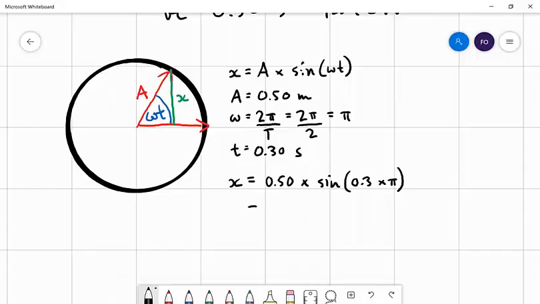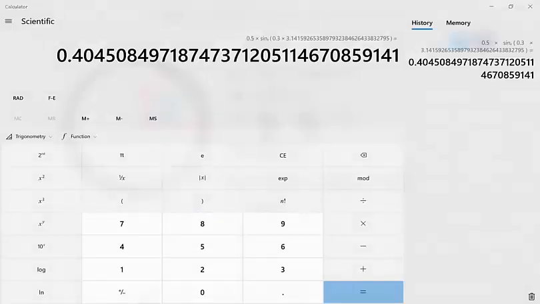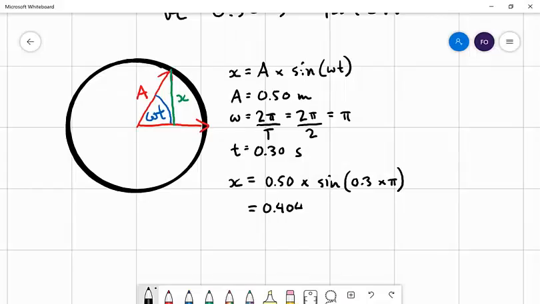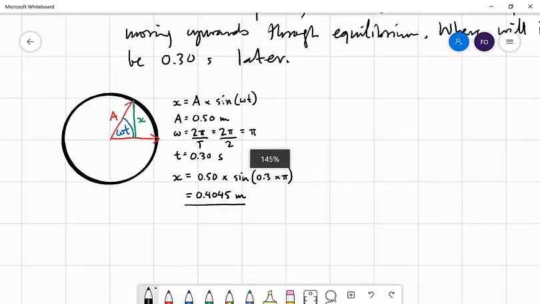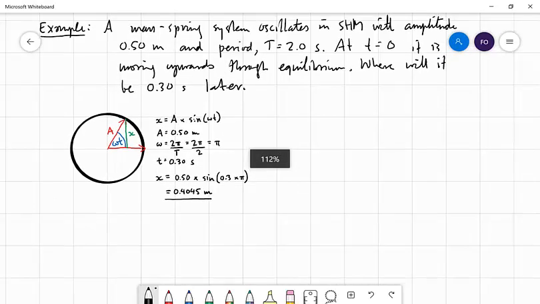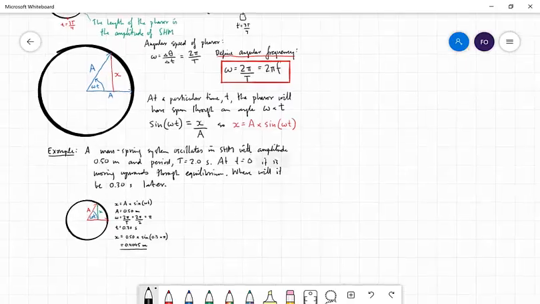So x is going to be equal to 0.4045. So now we have a means to predict exactly where the oscillator is going to be at any time. There are some subtleties to using this, and so I will go over a series of examples in the next little video.